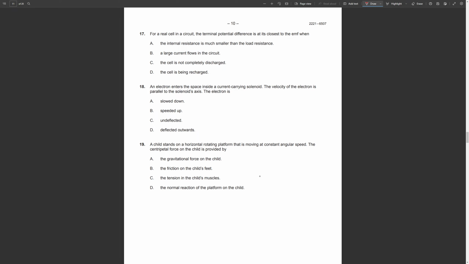Question 19. You have a rotating platform. This platform is rotating with a kid standing on it. The kid is also performing a circular motion, and therefore there must be a force acting towards the center of the circle. It is known as the requirement of centripetal force. What force could be providing such required centripetal force?